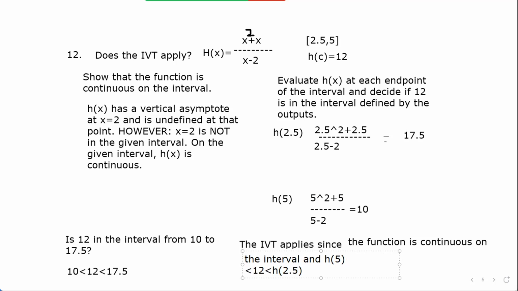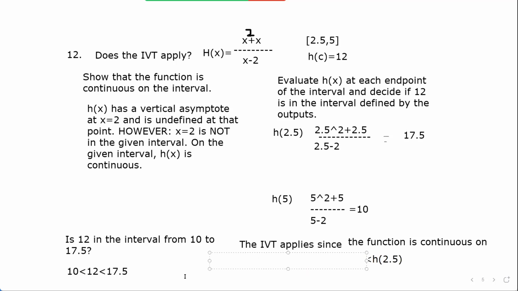Okay, so we know that to be true, right?